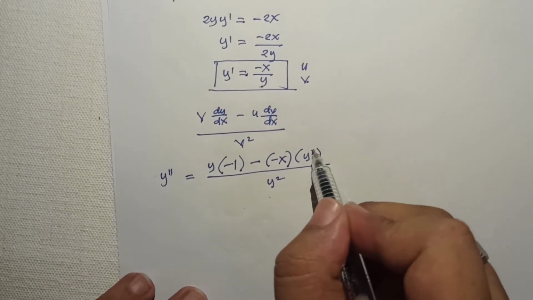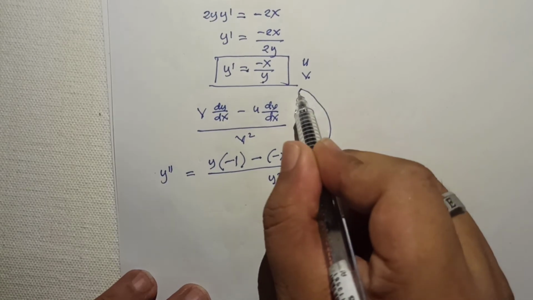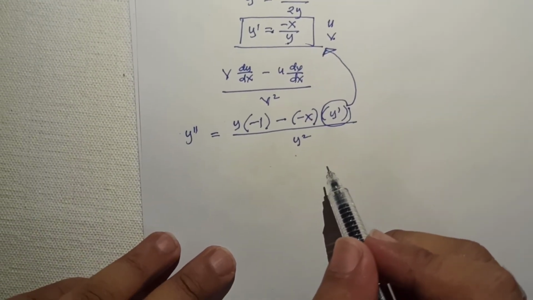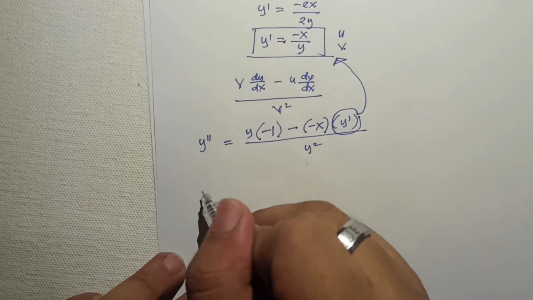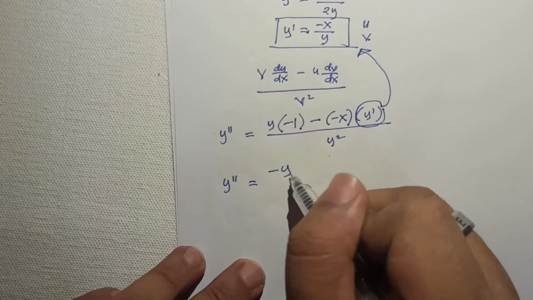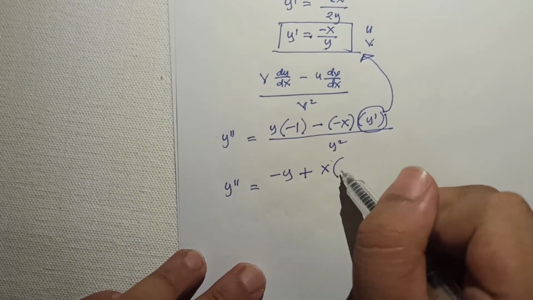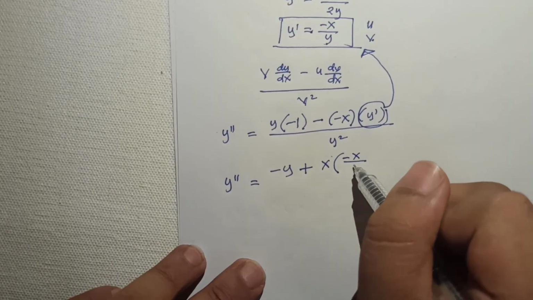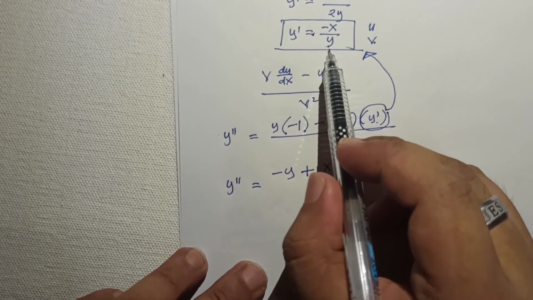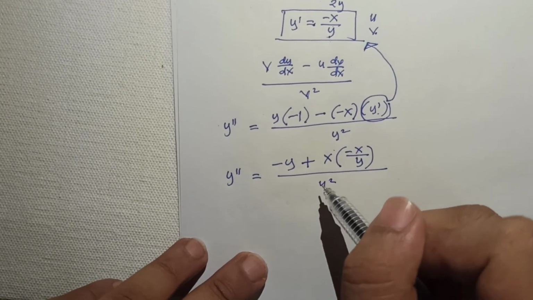Since we have here the y prime, we need to substitute the equivalent for y prime. So we substitute negative y plus x times negative x over y. So the result of this one is negative x over y, all over y squared.